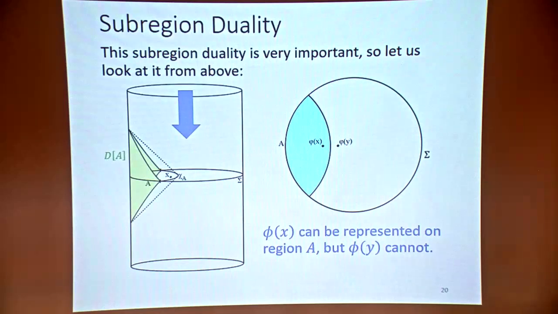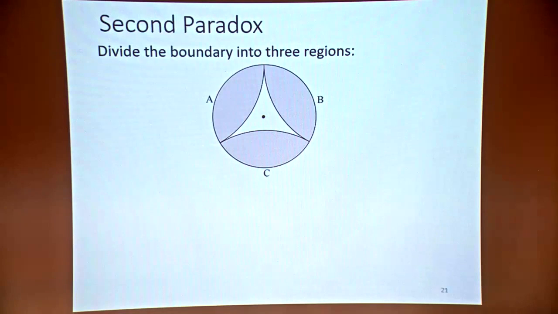It's quite amazing that for a given operator like phi of x, I can choose A in many different ways. As long as A is big enough so that its Rindler wedge contains the bulk point, I will be able to do this. This immediately leads to the second paradox.